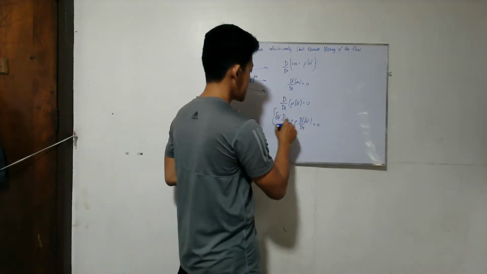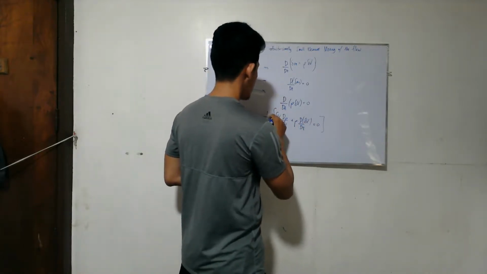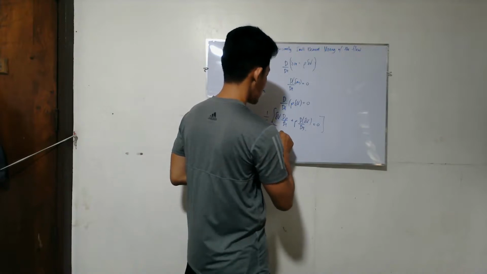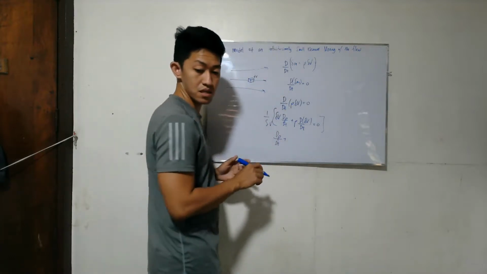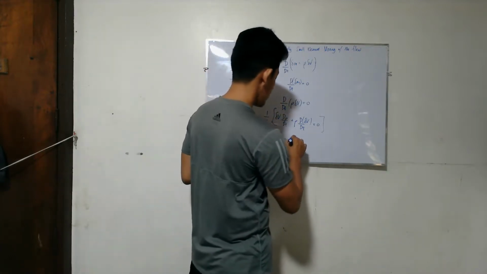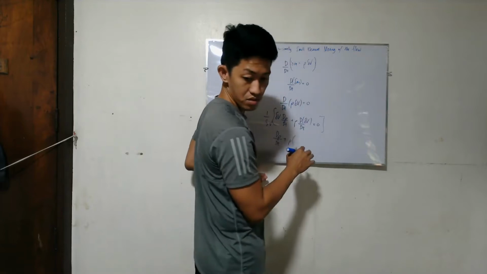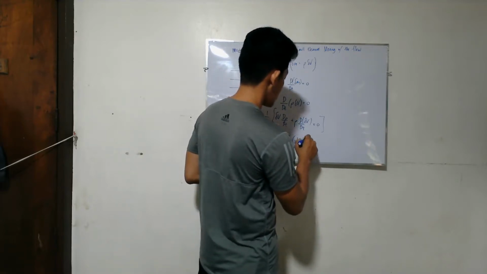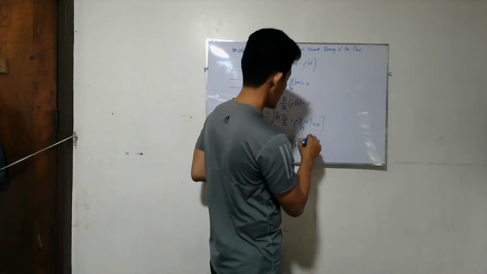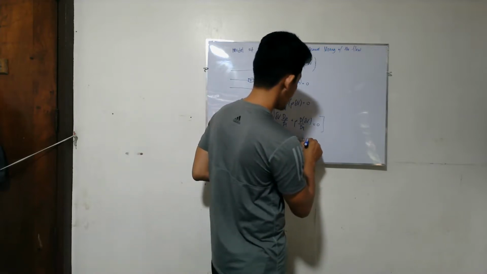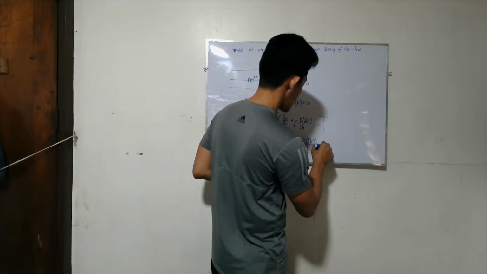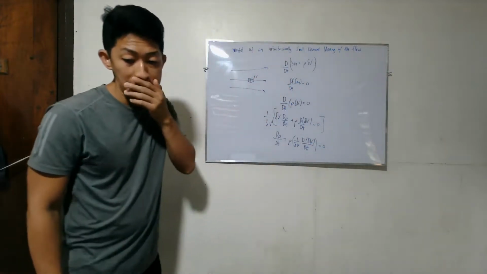And then multiply this one by 1 over dV, so this becomes d rho over dt plus rho times 1 over dV times the derivative of dV over dt is equal to 0. Okay?